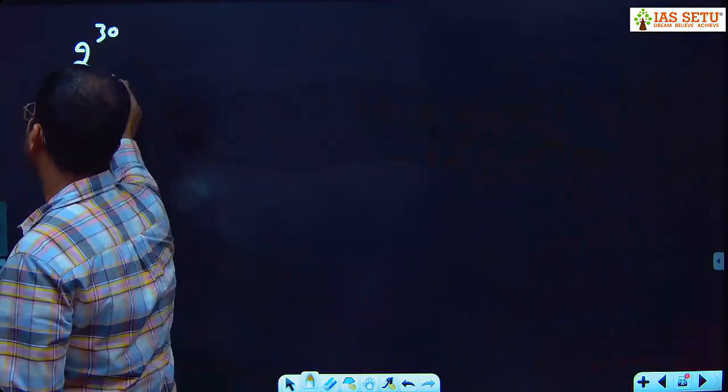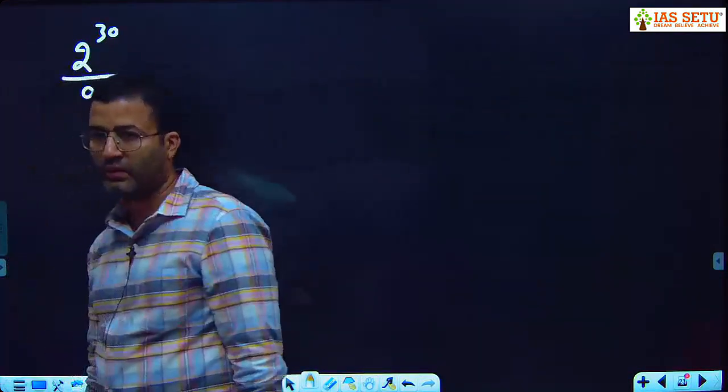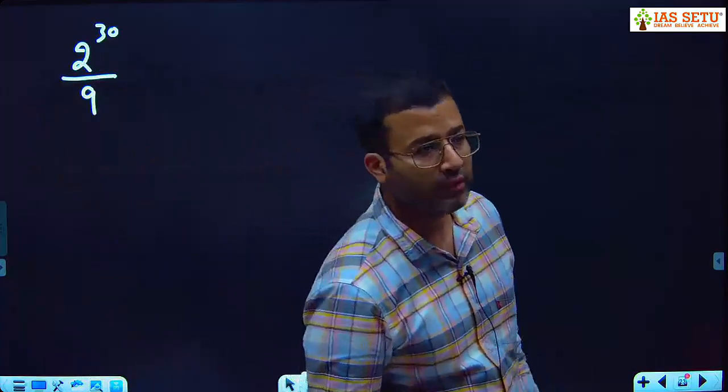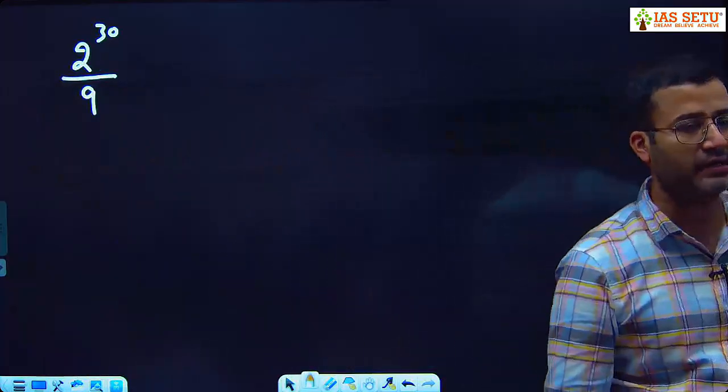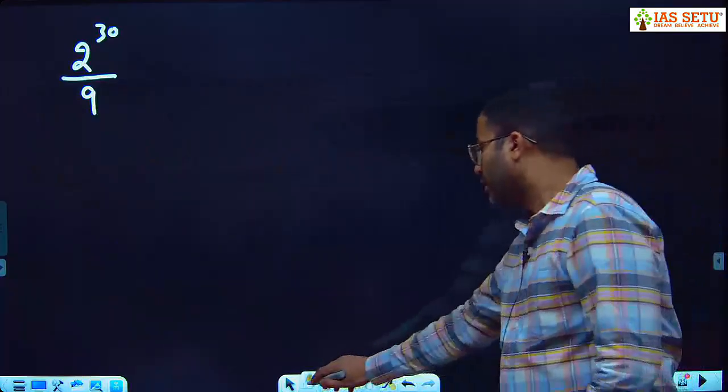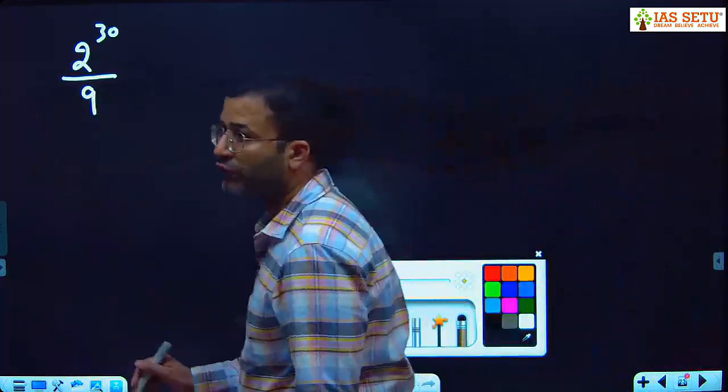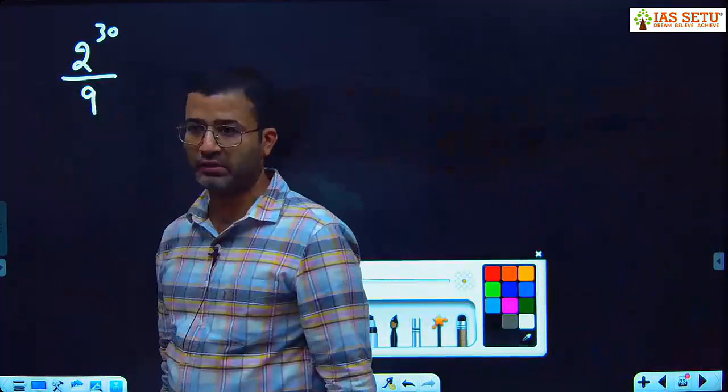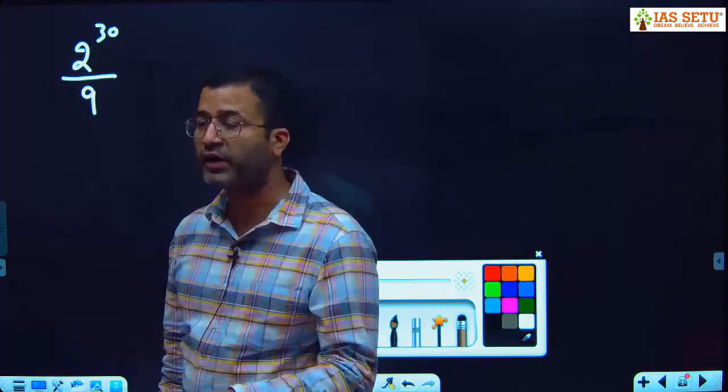Now I take a question on remainder theorem 4. My question is 2 to the power 30 divided by 9. What is your remainder? Step number 1, we are looking for a power of 2 near to 9, either 1 extra or 1 less.